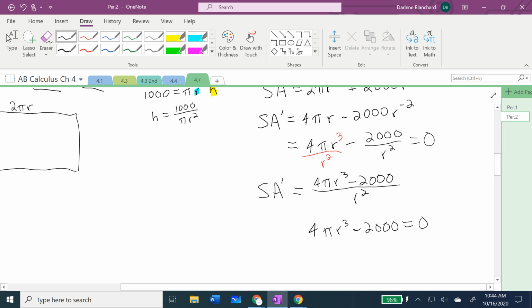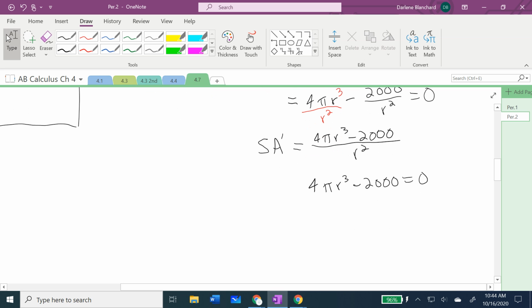If you don't have a calculator available, this is a hideous looking number. Just know that anytime you are testing and you are not allowed to use a calculator, you are allowed to leave your answer looking like a mess. So if I add 2,000 and then divide by 4, that's going to give me 500.